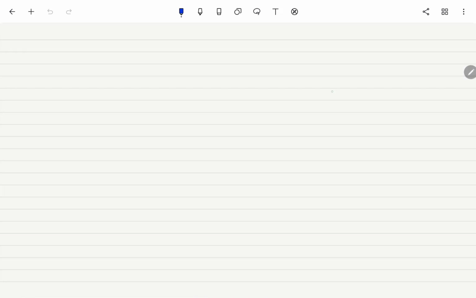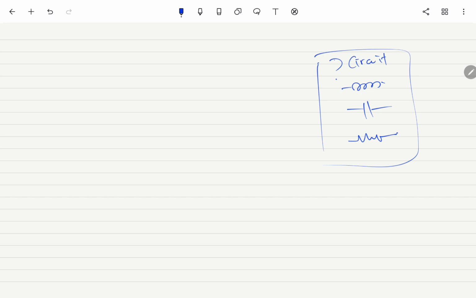For an arbitrary circuit, with inductor and capacitor and also resistor, it doesn't necessarily need to be a series RLC circuit, it can be arbitrary. We can use the potential method to write an ODE.